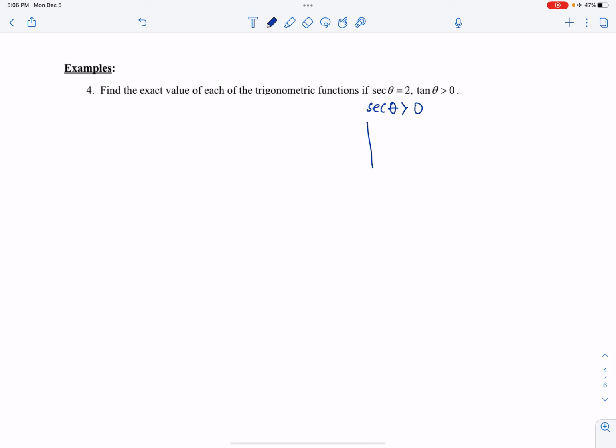If secant is greater than 0, that's happening here and here. And if our tangent is greater than 0, that's happening here and here. Now, what quadrant do they both happen? Quadrant 1.